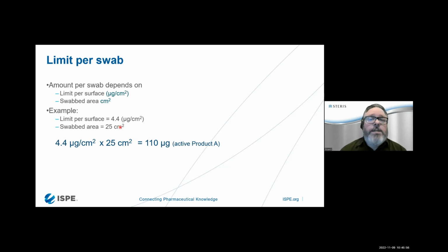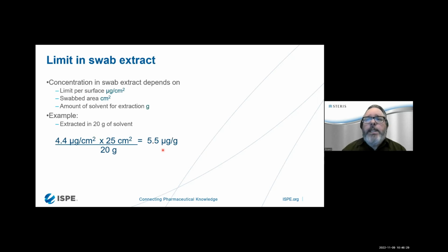We can then adjust that for the swabbing, based on the size of the swab area that we're going to take, whether it's 25 square centimeters that's used in this example, or 100 square centimeters. We can make some adjustments to that. So in this case, we have the 4.4 micrograms times the 25 gives us 110 micrograms of product A for a swab sample of 25 square centimeters.